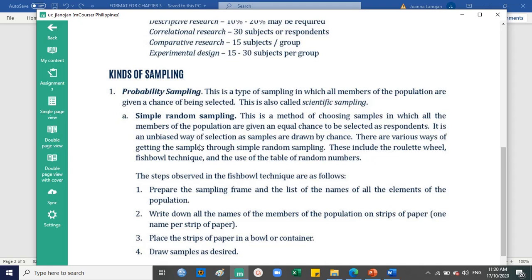But of course, the bigger the population is, if you just have a small sample to represent it, your research will not be as credible, because your target is all senior high school students but you only have a limited sample.